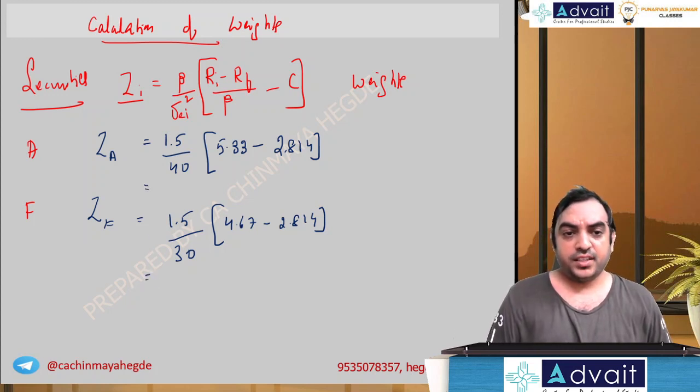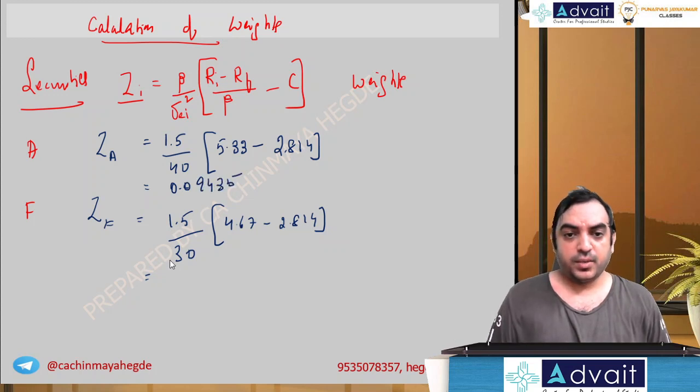Let's calculate the Z value. So 5.33 minus 2.814, into 1.5, divided by 40, 0.09435 something. Oh, into, we have to do. Now 0.09435. Okay.